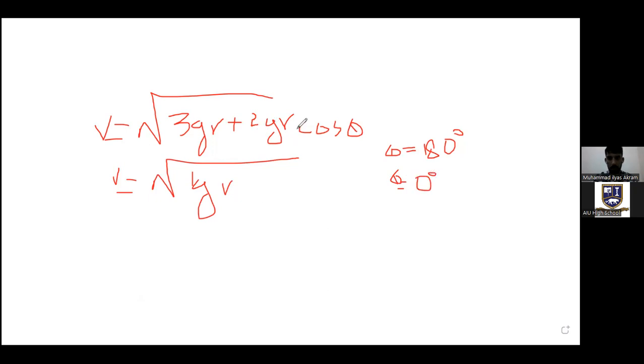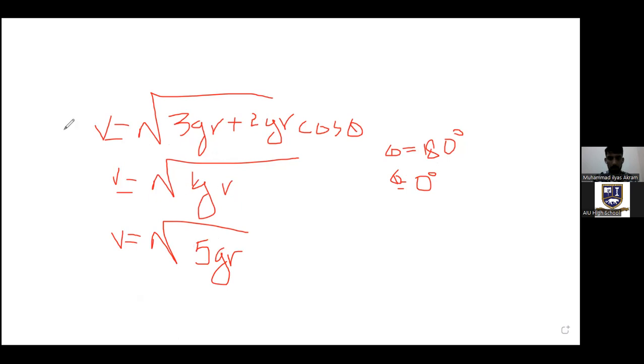And by putting the value of cos 0 here, the answer will be v equal to under root 5gr, because that is a positive sign, and we can add both of these together.